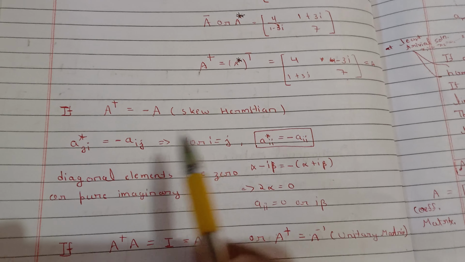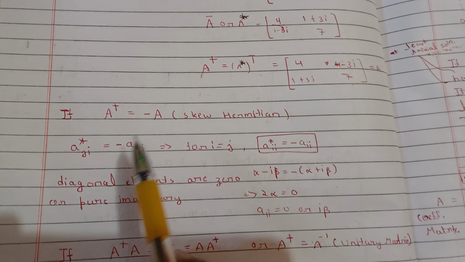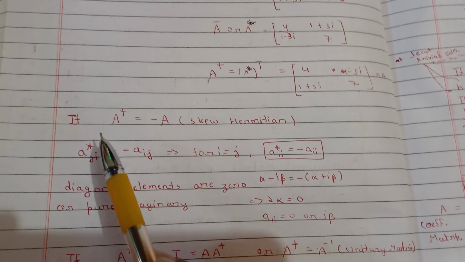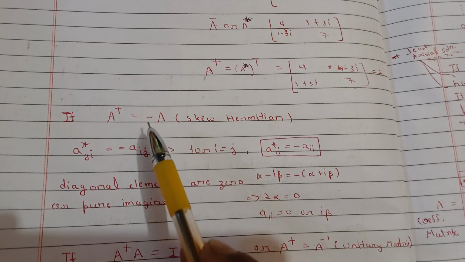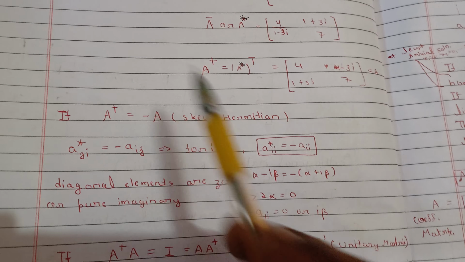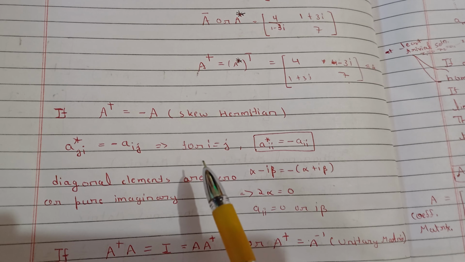Now skew Hermitian. The basic definition is that A dagger should come out to be minus A. You know that in transpose the elements' positions remain the same, that's why we are considering only the diagonal elements.